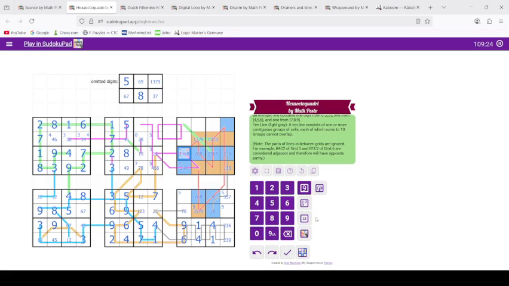This cannot have an 8 on it. That is 2, 4, or 6. This is 1, 3, or 5.